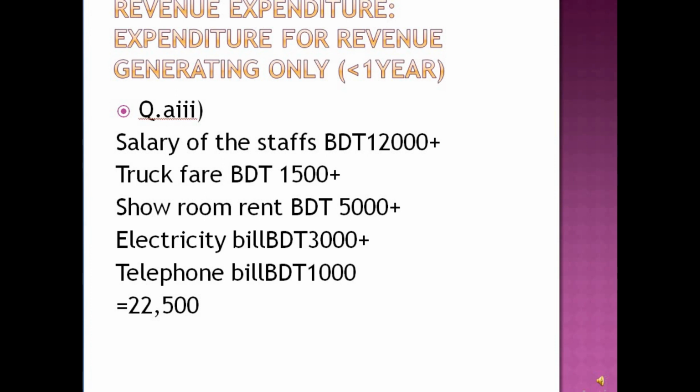To clarify again, all these expenditures are incurred because we are producing particular goods. If our business goods change, our business strategy changes, these costs will also change. Thus, all these costs are directly linked to the production of goods by the business and counted as revenue expenditure only.